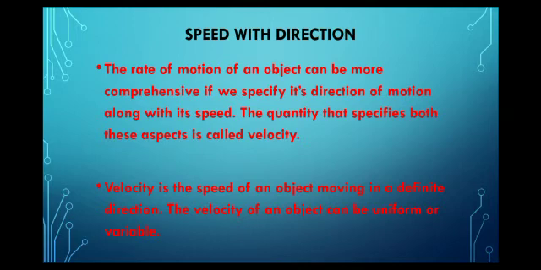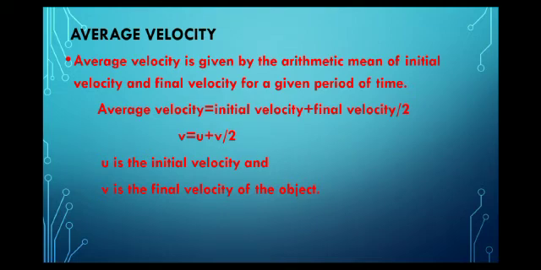In case the velocity of an object is changing at a uniform rate, then the average velocity is given by the arithmetic mean of initial velocity and final velocity for a given period of time.